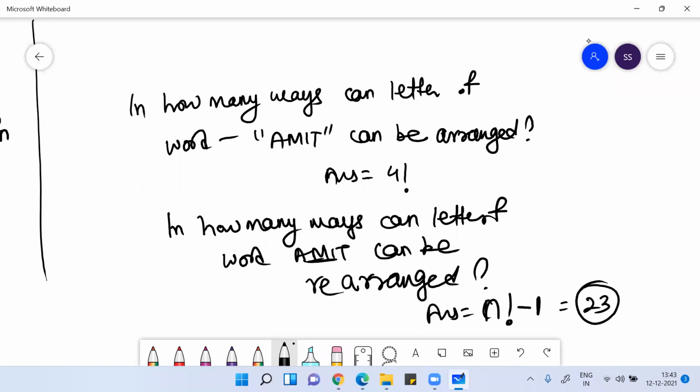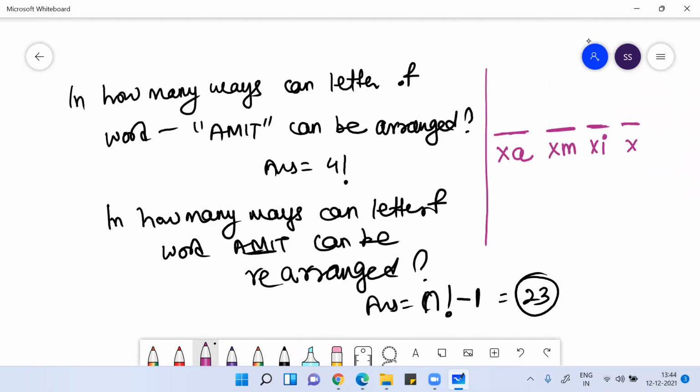Understood, everyone? Then there's something called derange. Derange means in how many ways can you put AMIT in 4 places such that A cannot come in this place, M cannot come on this place, I cannot come on this place, and T cannot come on this place.